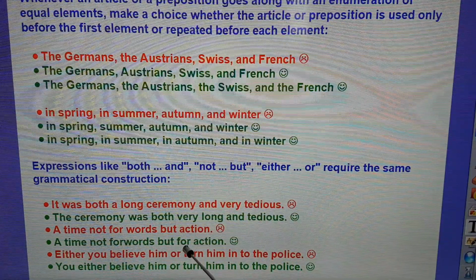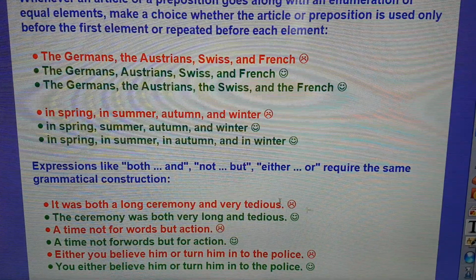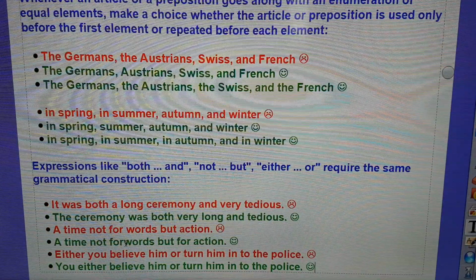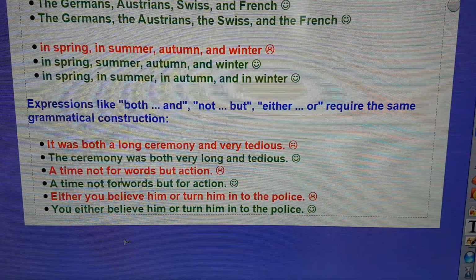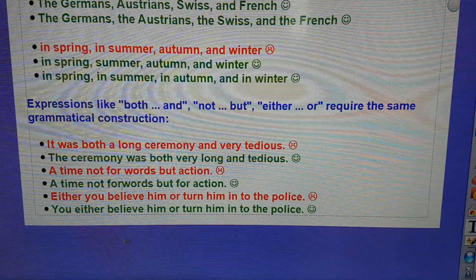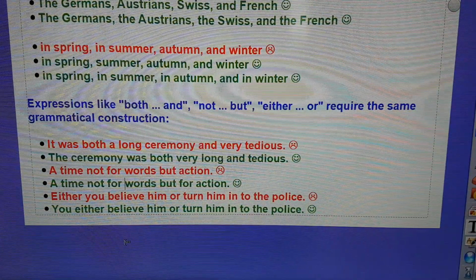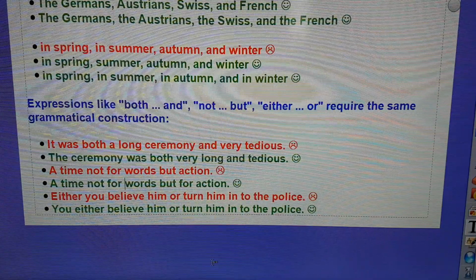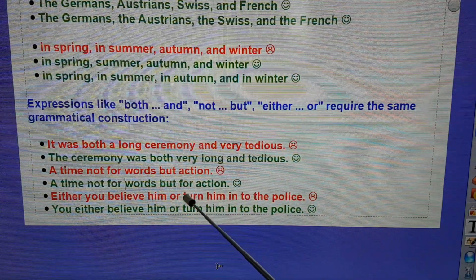A time not for words, but for actions. And guess what? I have to, oops. A time not for words, but for action. So this preposition here has to be repeated.